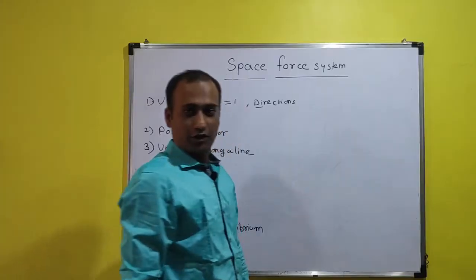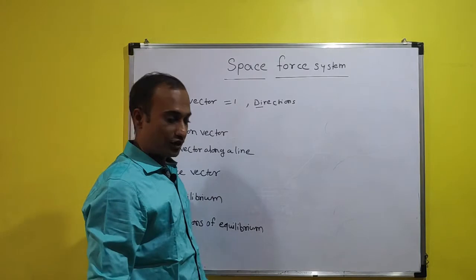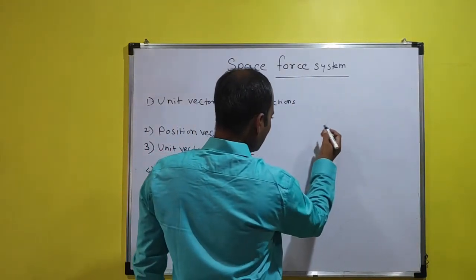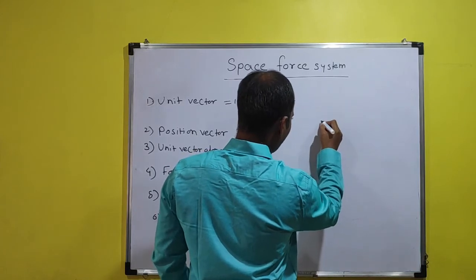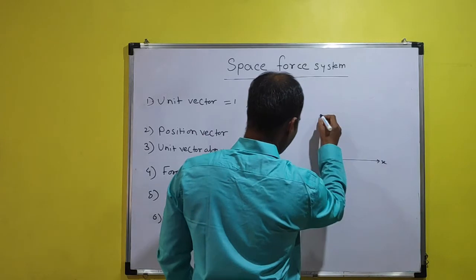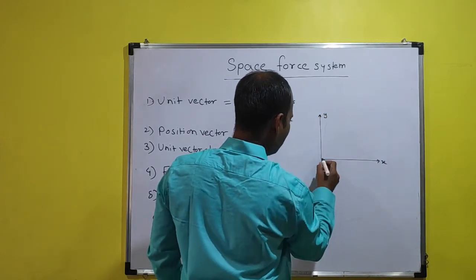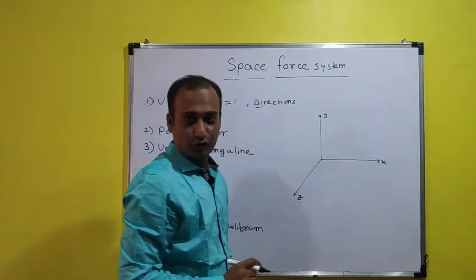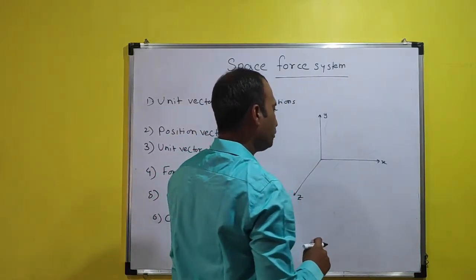So now we will go to the position vector. What is a position vector? We can find the position vector for any line. So let's consider the axes once again: x, y and z. So how do we find the position vector?